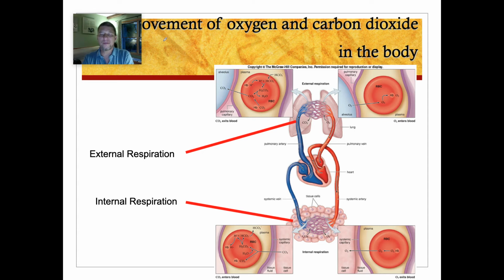Now, how does that work? This is a very simple diagram, but it does a pretty good job at illustrating the two different exchanges. External respiration occurs in the lungs. What happens here is that blood from the right side of the heart comes up through the pulmonary artery and into the lungs.